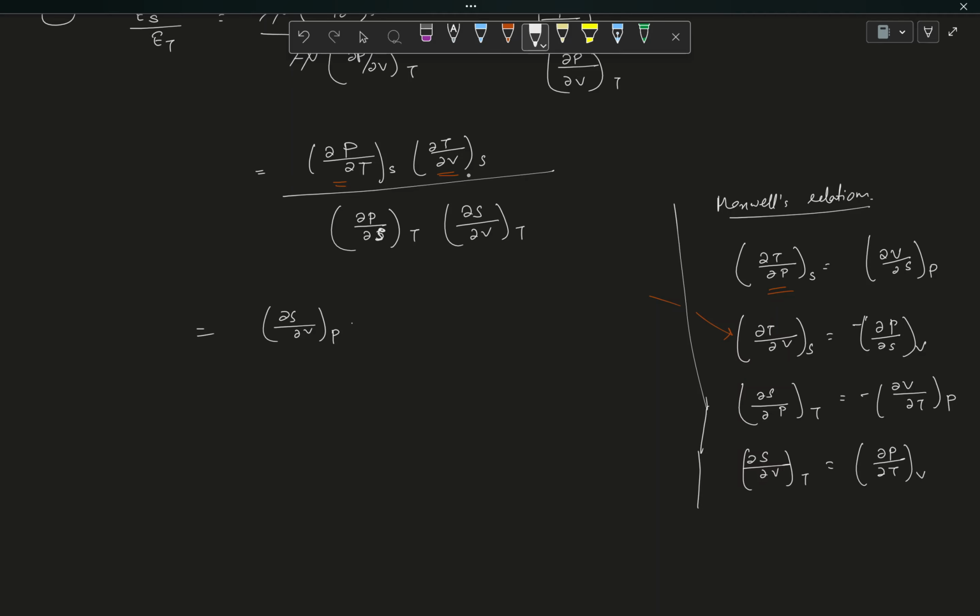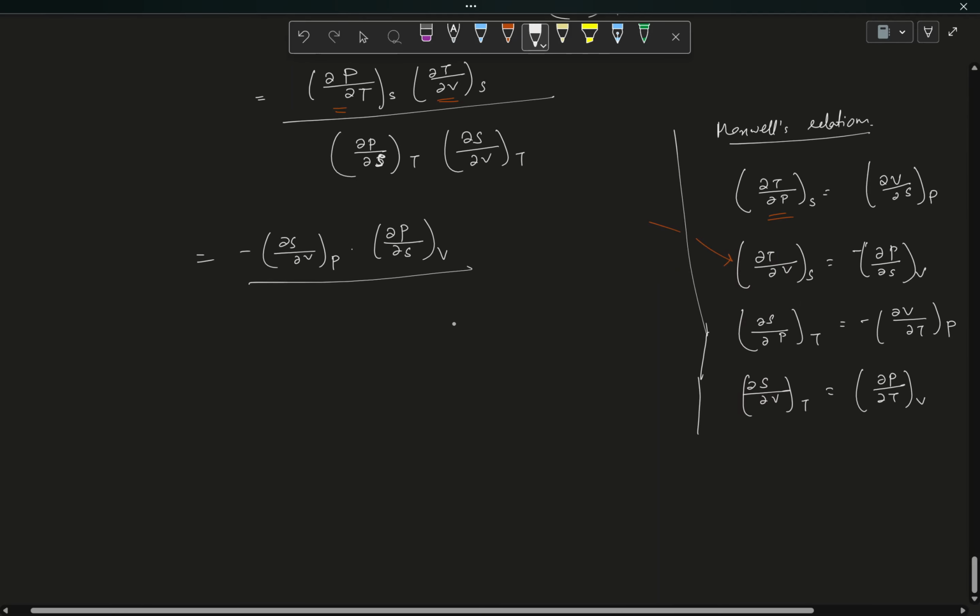Now the second term, to convert it, we use the second equation. So this is minus del P del S at V constant. So from S and T as constant variables, we are changing all to P and V constant variables. You will see why, because in the end we'll be using terms like that.